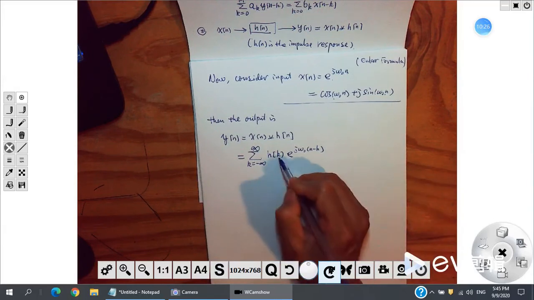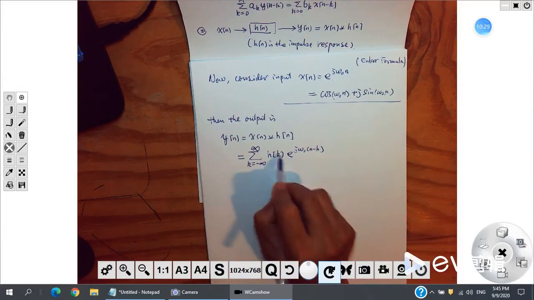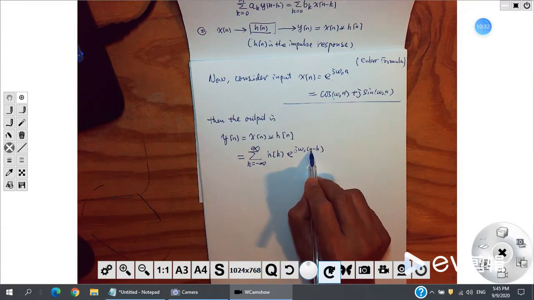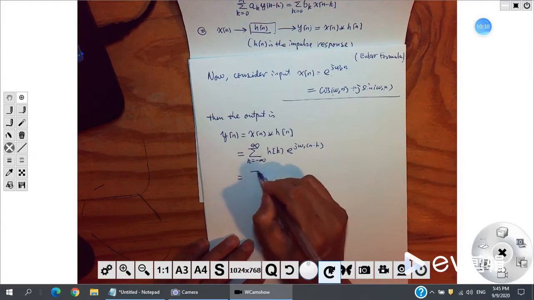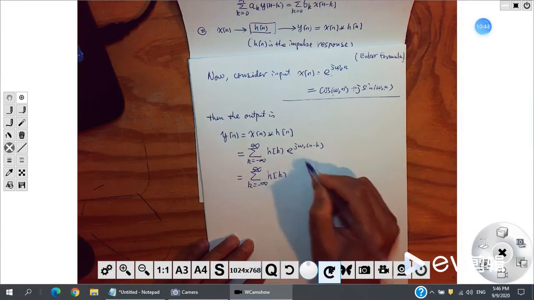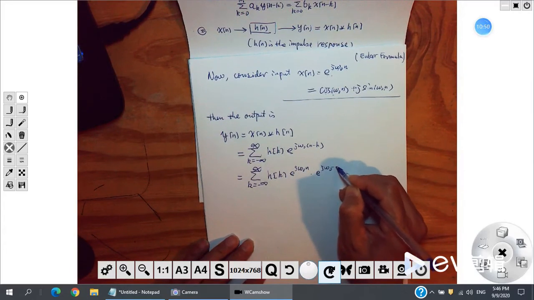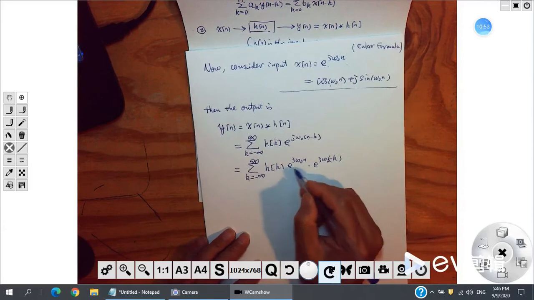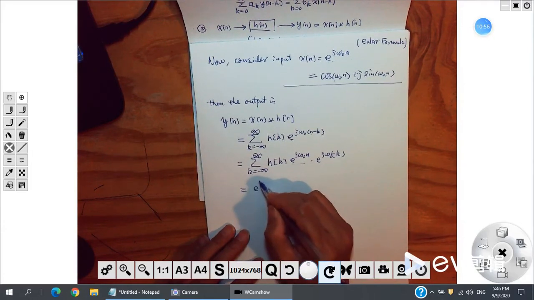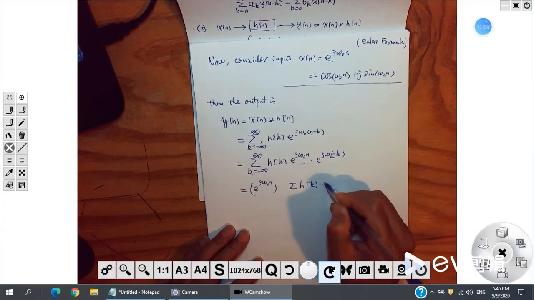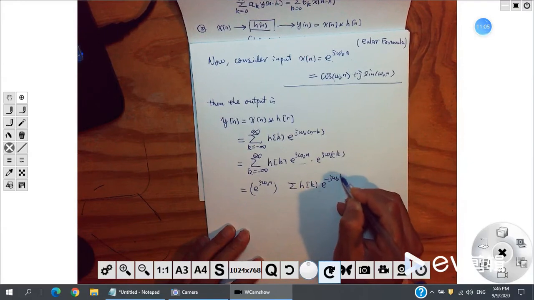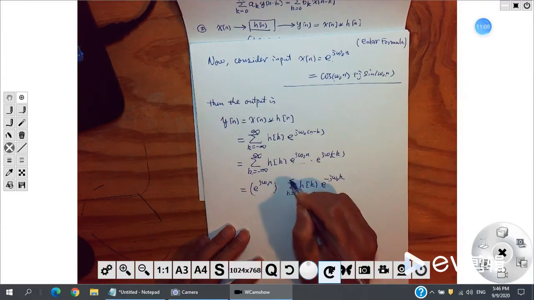This summation is running over k, but n is just n, so we can move the n term outside. This gives e to the j omega 0 n times the summation of h of k e to the negative j omega 0 k, with k running from negative to positive infinity.